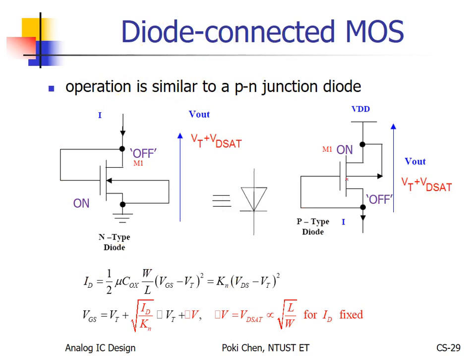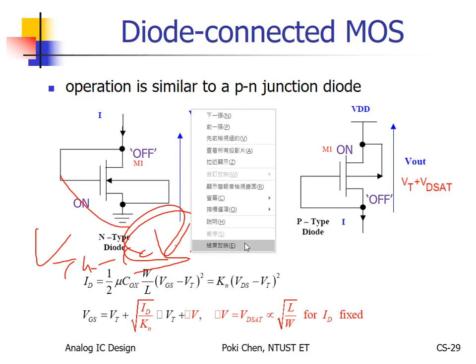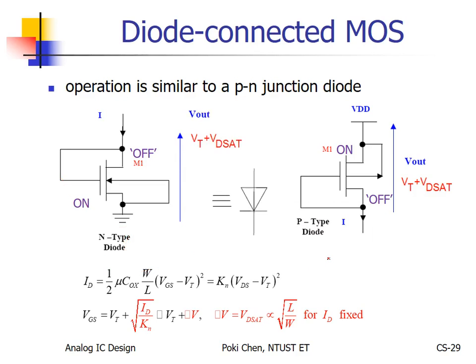Again, I need to highlight how much the difference is: VTH plus delta V. And how much is delta V?